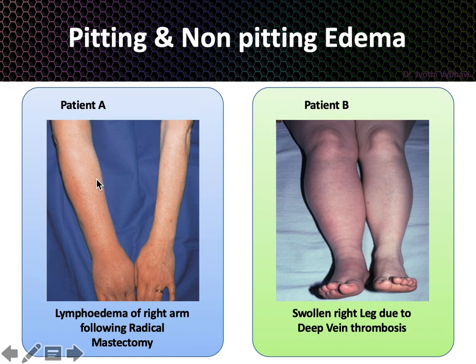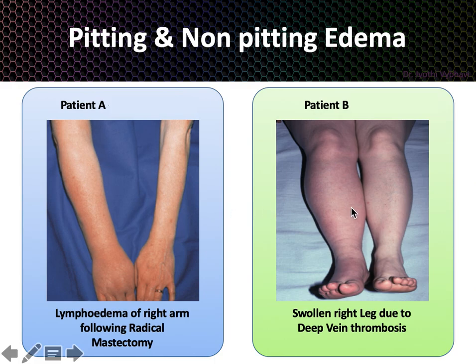So whatever fluid and proteins are left behind in the interstitium hold the water, causing more and more osmosis, and more fluid is left behind. Over some months, this edema has occurred only in this arm because lymphedema has occurred. This is about this patient.